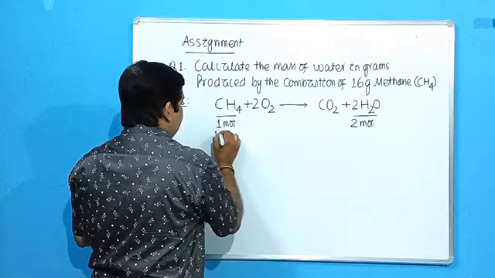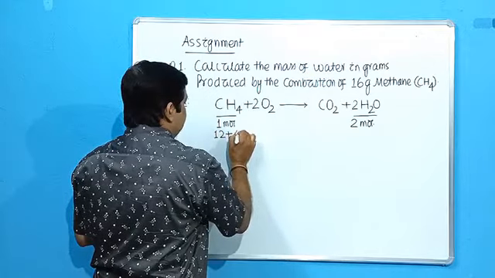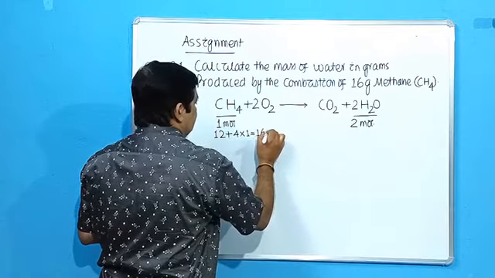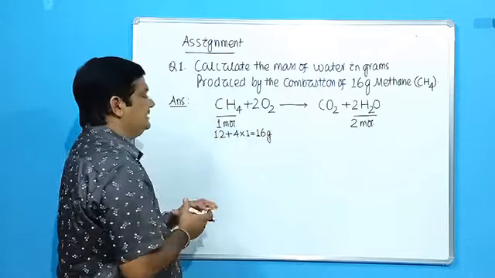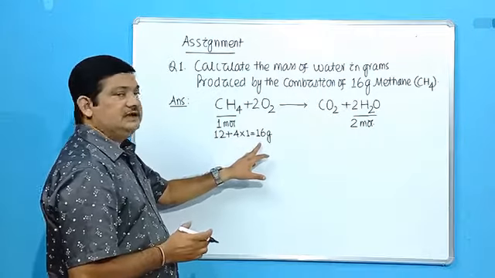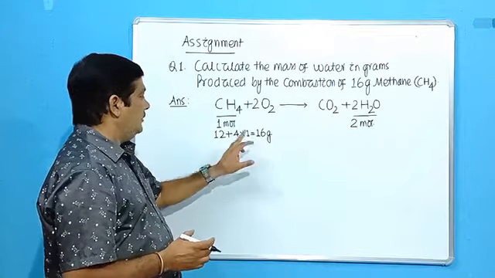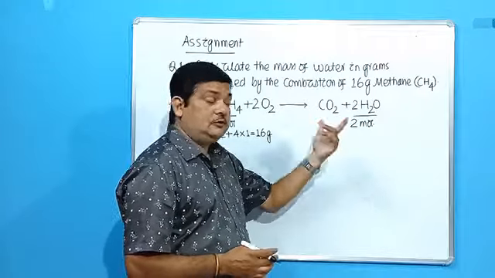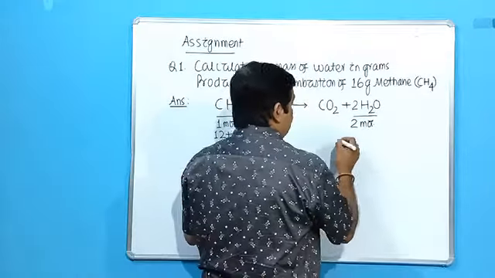Methane is 12 plus hydrogen 4 into 1, that means 16 gram is the molar mass of methane. That means 1 mole of methane is 16 gram. So 1 mole of methane will produce how much water? 2 moles.